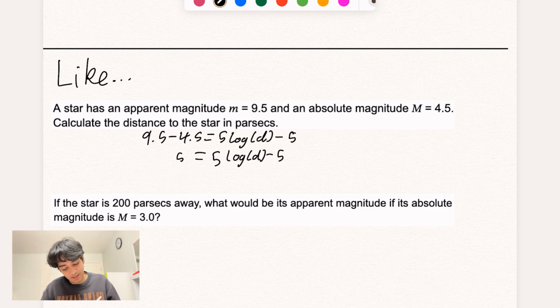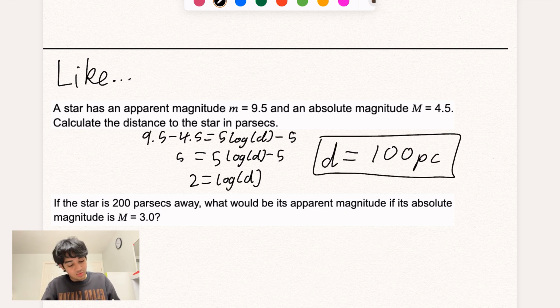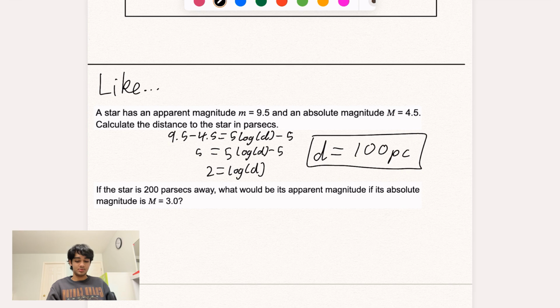So let's start isolating for d. We end up with 2 equals log d. In other words, d equals 100. And that's it. That's our answer. D is 100 parsecs. So the star is 100 parsecs away from the observer.